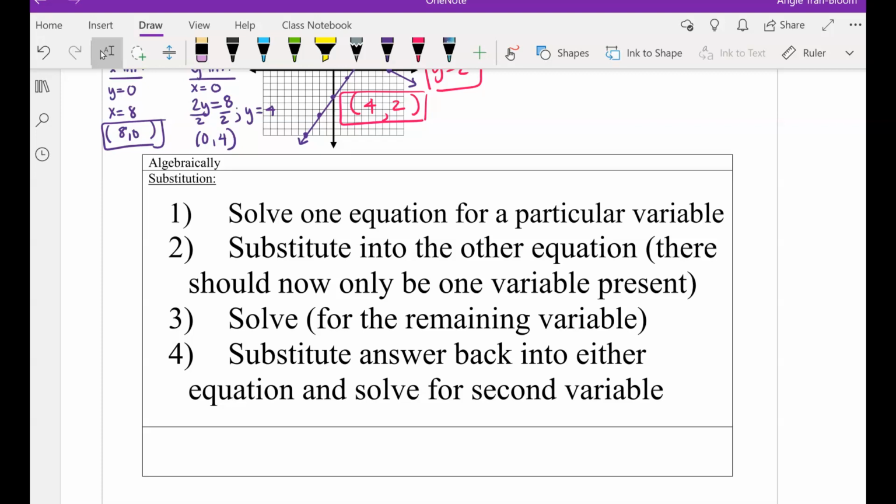Now, if you remember these already from Algebra 1, go ahead and work on example 2. You don't have to wait for me.